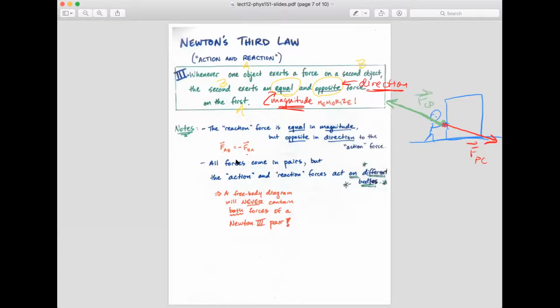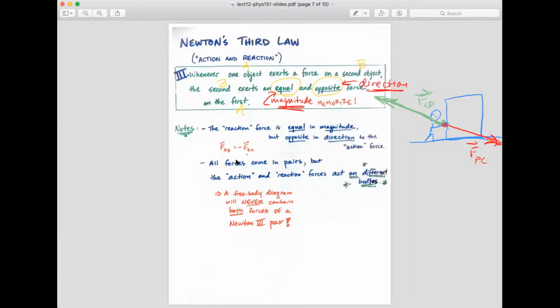If the person pushes harder and increases the force to 300 newtons or beyond, then the crate will instantly push back harder with 300 newtons or 400 newtons or whatever it might be. So the crate will respond with the same force going backward.